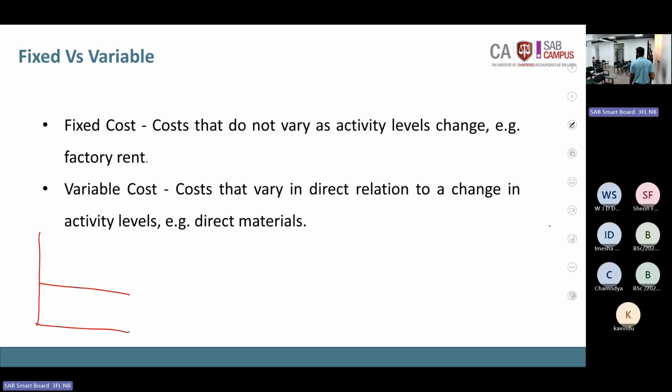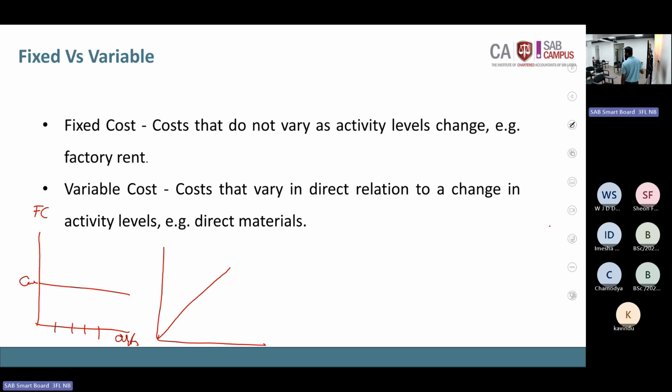This is what? This is fixed cost, right? Output. Does the cost change? The cost is changing in that. So what is this? This is the variable cost.